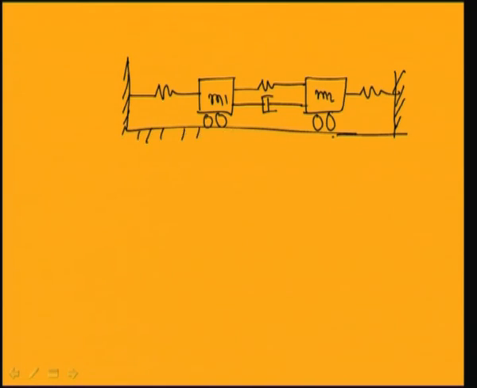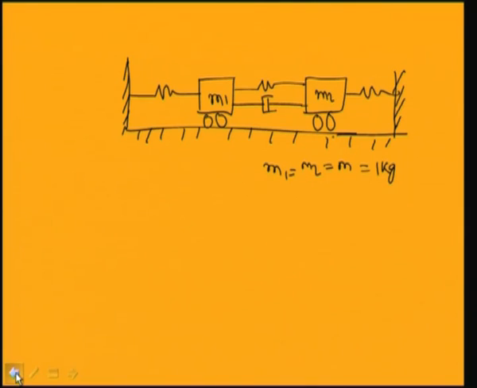So let us study the free vibration of the system, where M1 equal to M2 equal to M. Let me take it equal to 1 kg. So this is K1, this is K2, this is C2, this is K3. So I am taking C1 equal to C3 equal to 0 from the previous example.